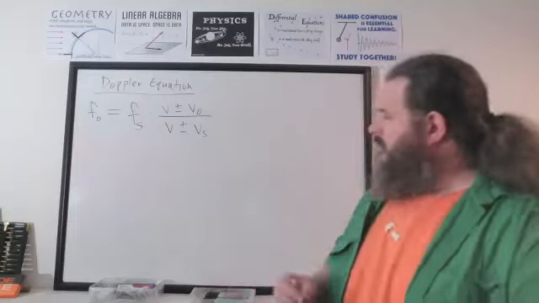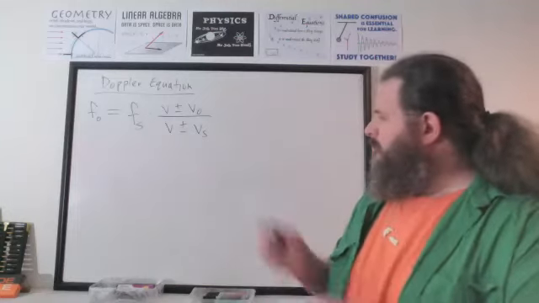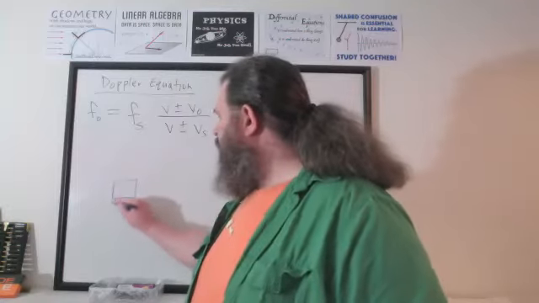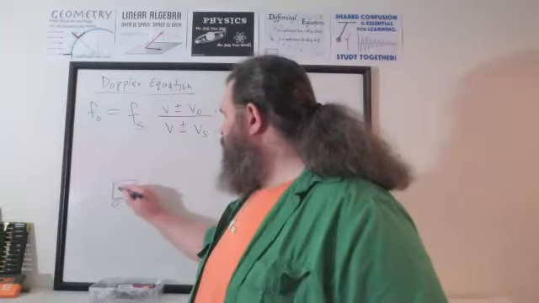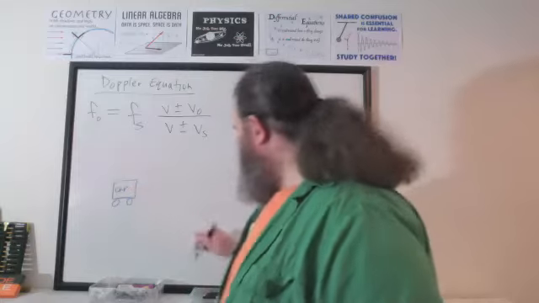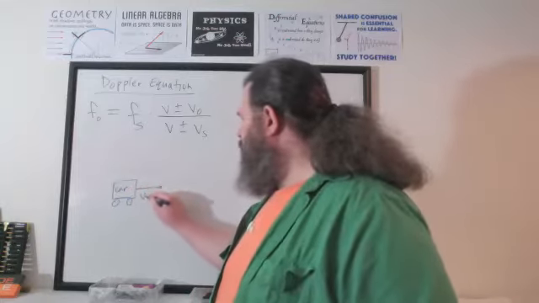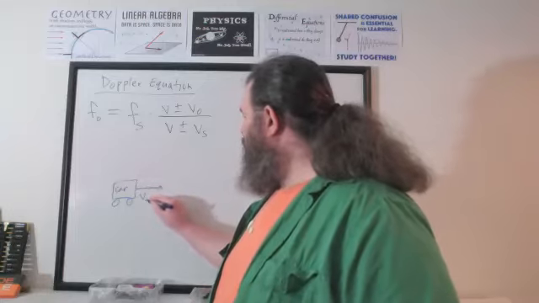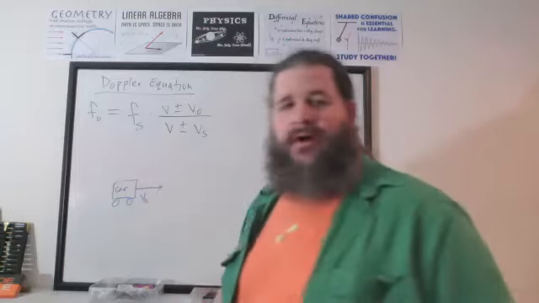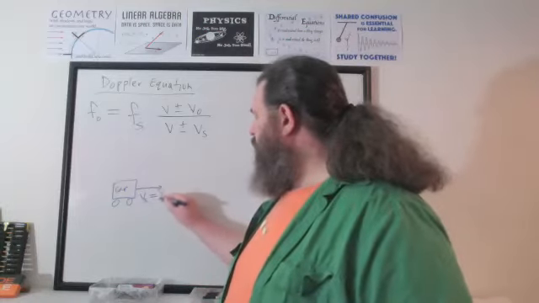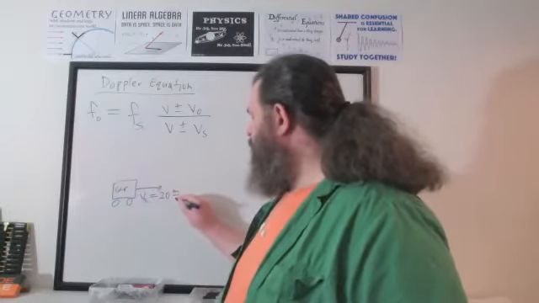So as one example, let's say we have a car in motion, moving to the right at V, and of course this will be V source if the car is creating noise. V source, let's say, is 20 meters per second.